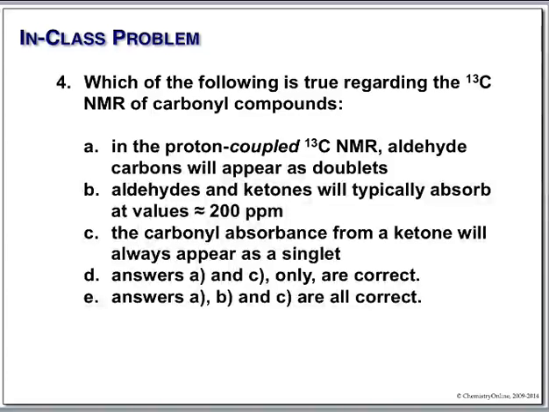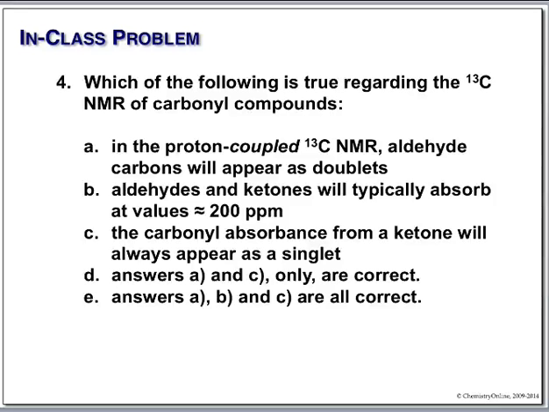Carbonyl carbons are very highly shifted. Ketones and aldehydes are the most highly, around 200-ish. Acyl carbonyls, that is, esters, amides, things like that, are lower, in the 170 region. So let's take a look at these. Proton coupled, so that means we're going to get splitting here.